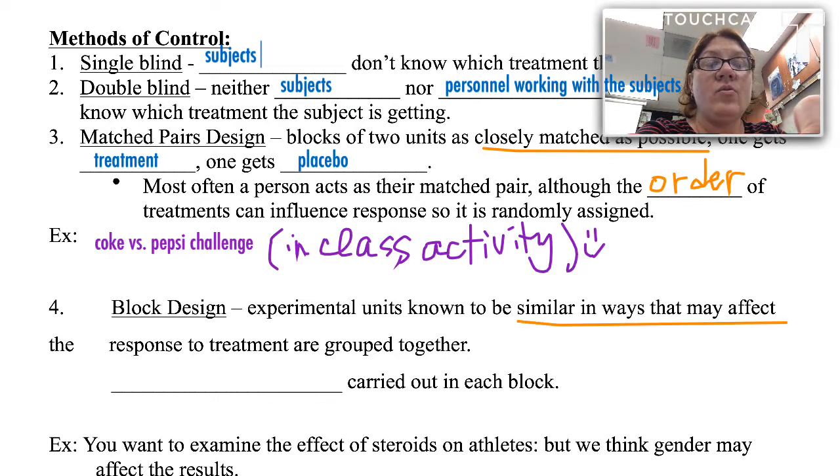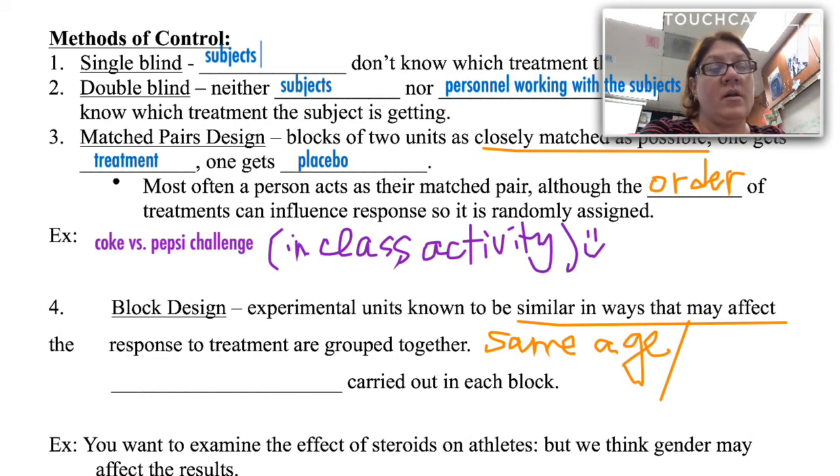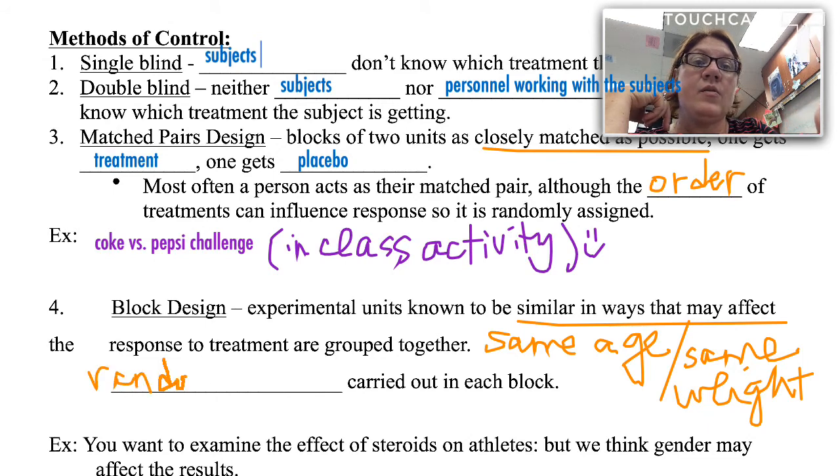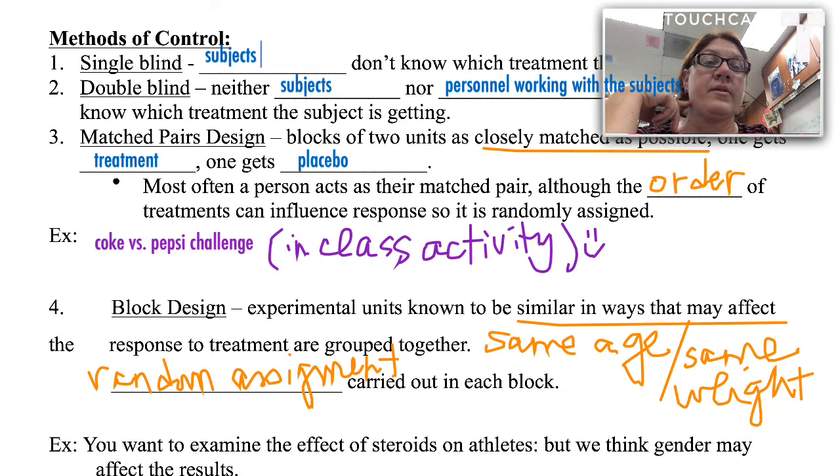And then once I do that, so they might be, for example, same age, or same weight, or yeah, weight would be a good one, especially if I was doing diet pills, because obviously if I have more weight to lose, I don't want to compare that person to a skinny person who didn't have very much to lose. So I would group them all by weight, and then I'll carry out random assignment in each block. So I block first to get the people alike, and then I'll carry out random assignment within the block.